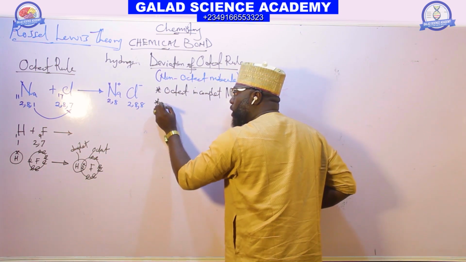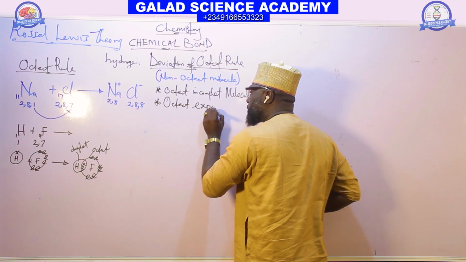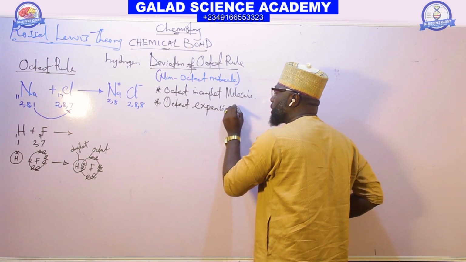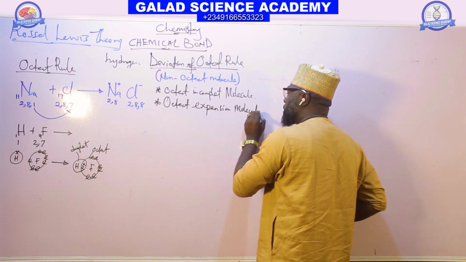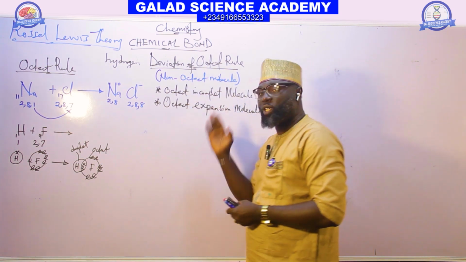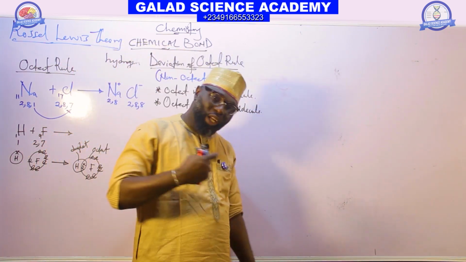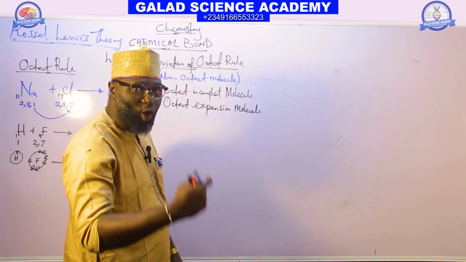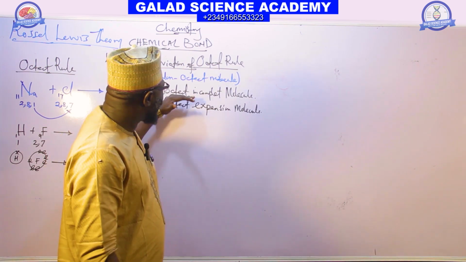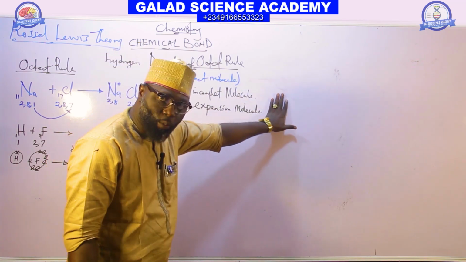The second one is octet expansion molecules. Let me take it one after the other. What is an octet incomplete molecule? Octet incomplete molecules are molecules which disobey the octet rule after bonding, and they have less than 8 electrons in the atomic shell of their central atom.